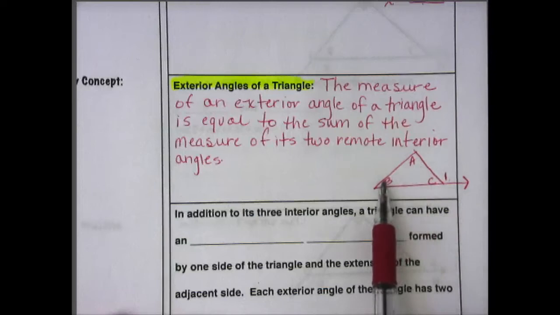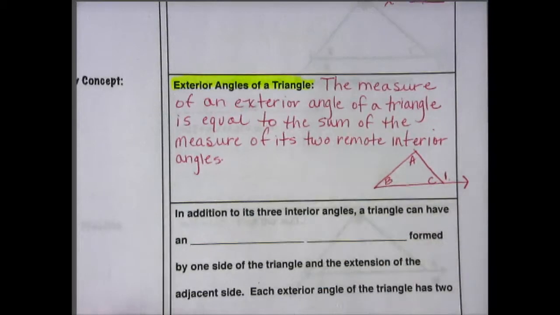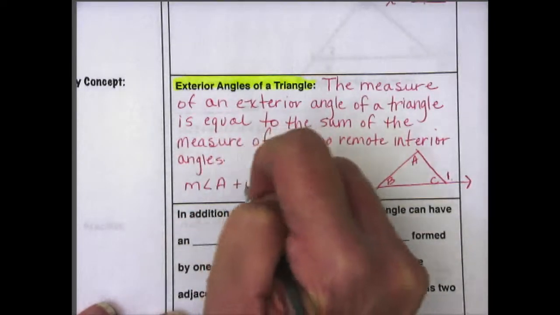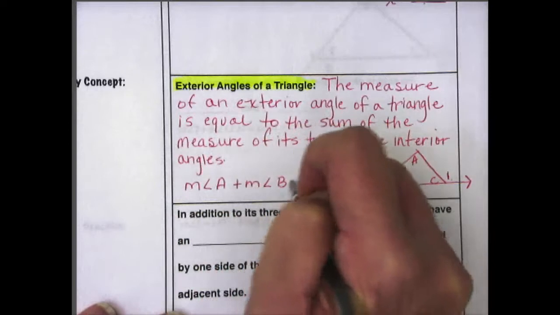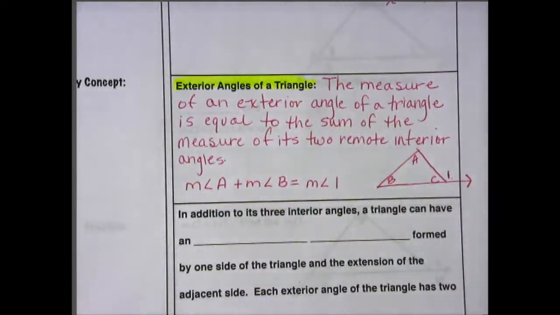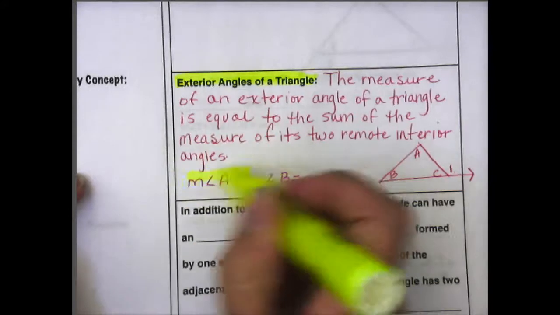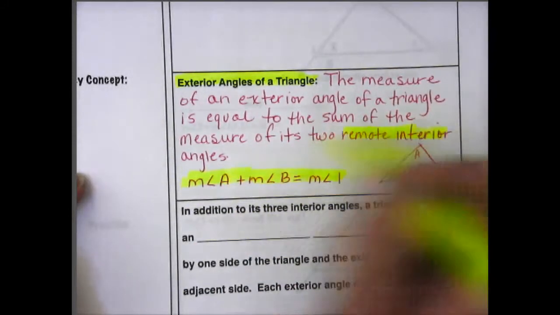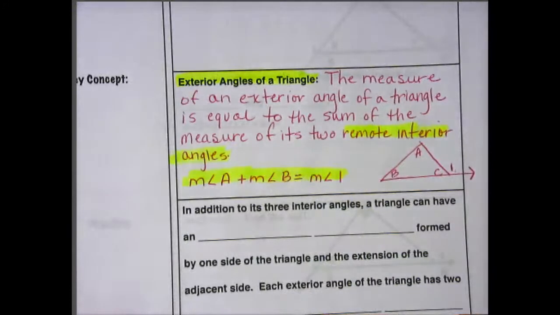But angle A and angle B are far away and they don't touch angle 1, so A and B are the two remote interior angles. So the measure of angle A plus the measure of angle B equals the measure of angle 1. Sounds a lot worse than it is when you get used to it and you learn what remote interior angles are. It will definitely help.